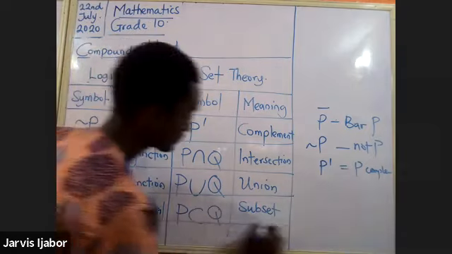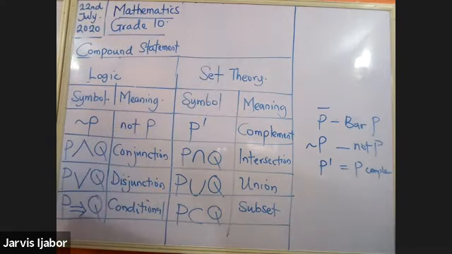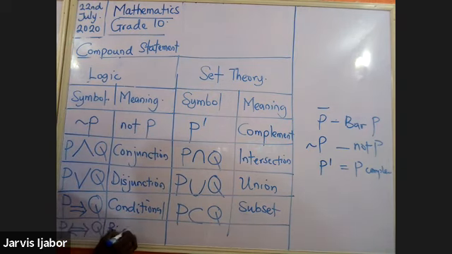And the final one is what we call the equality of sets, where P is what is called biconditional. P biconditional Q, here is biconditional.